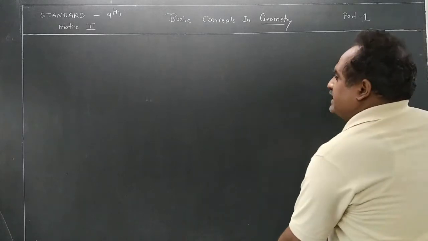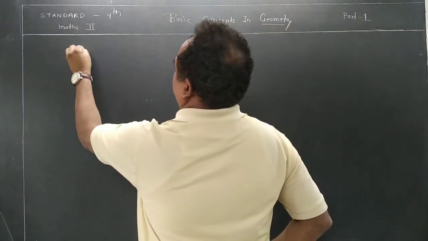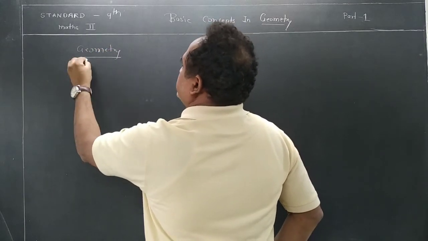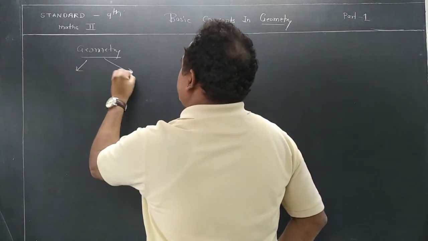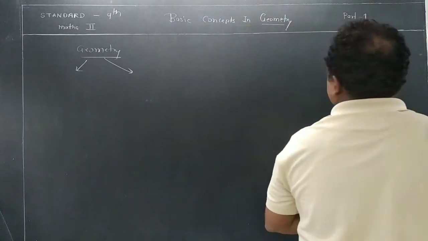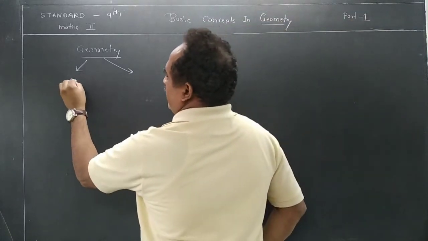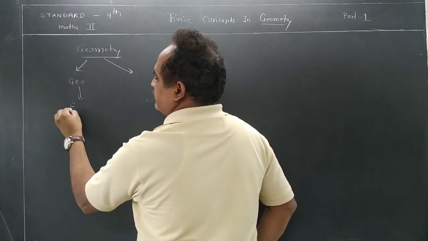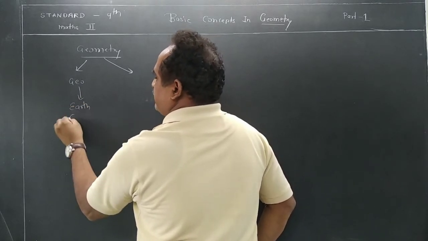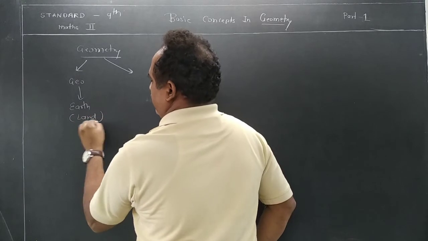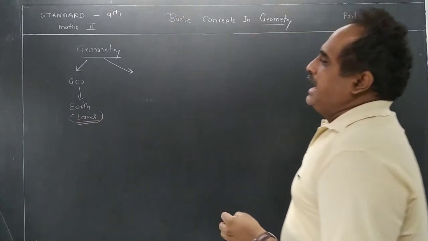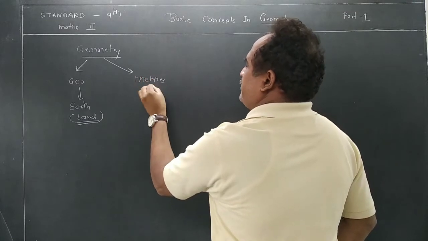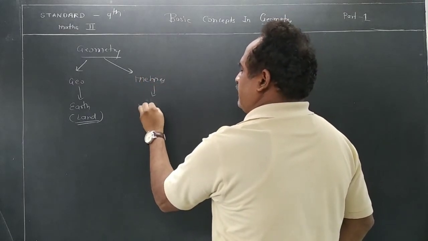If you see the word geometry, it is divided into two parts. Geo means, in Greek, earth. Earth means land. And metries means measurement.